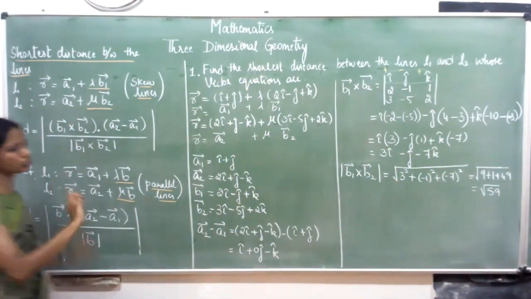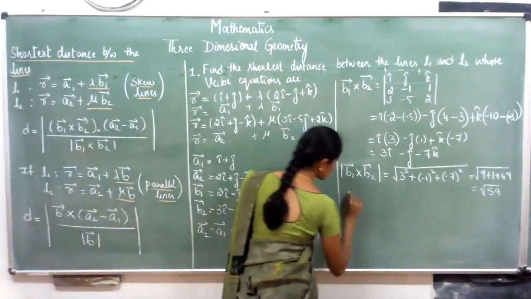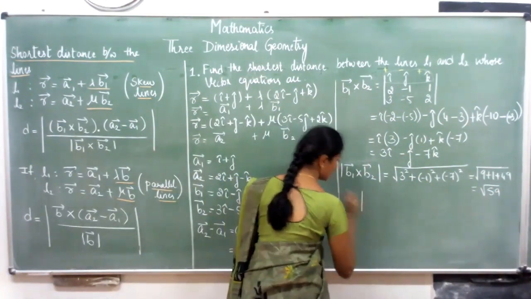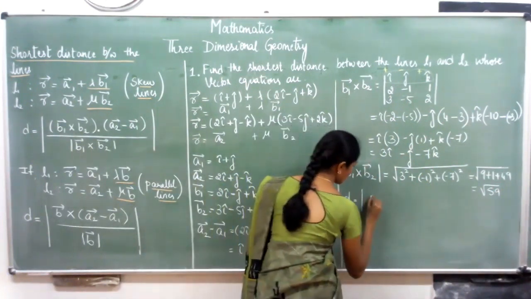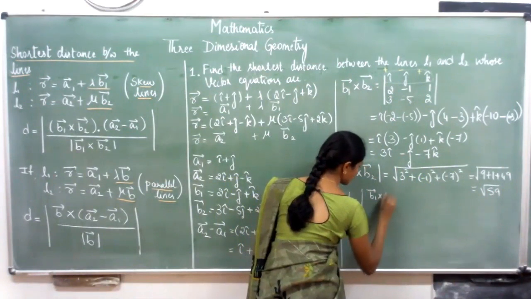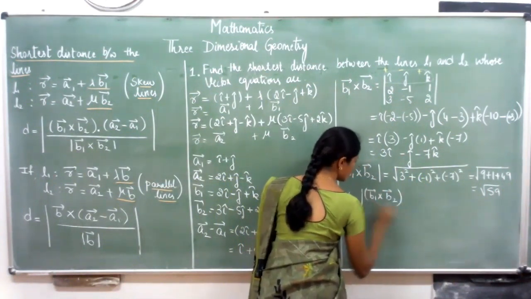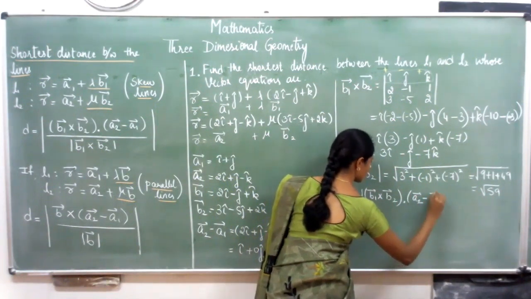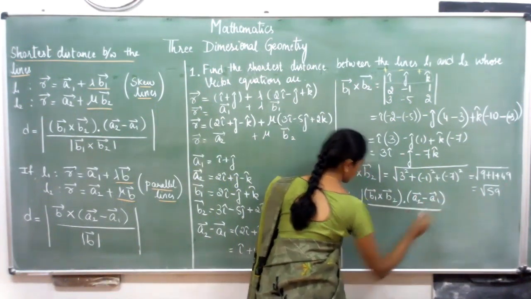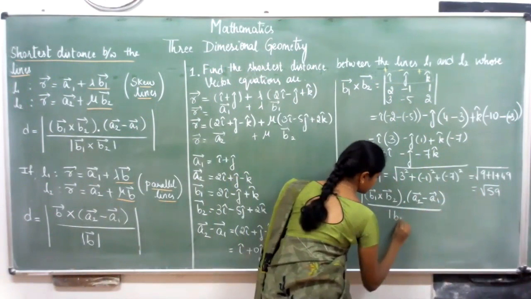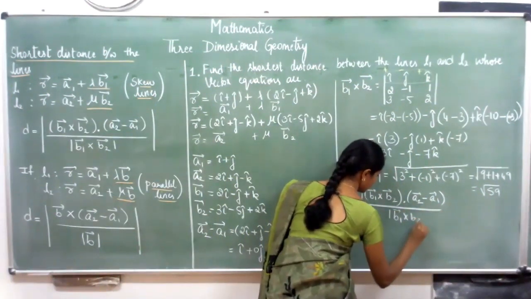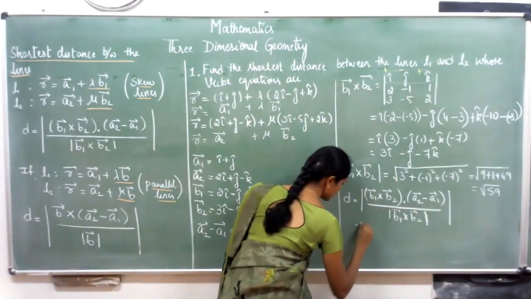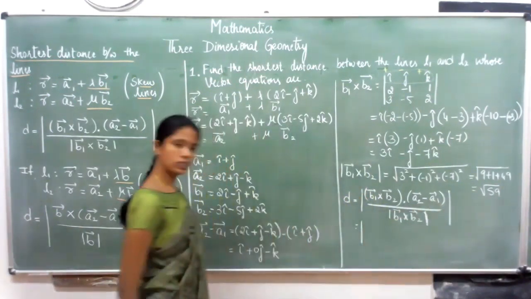Now let us substitute in the formula. Remember students, always you should write the formula. So D is equal to magnitude of (vector v1 cross vector v2 dot vector a2 minus vector a1) whole divided by magnitude of vector v1 cross vector v2. Now let us start substituting it.